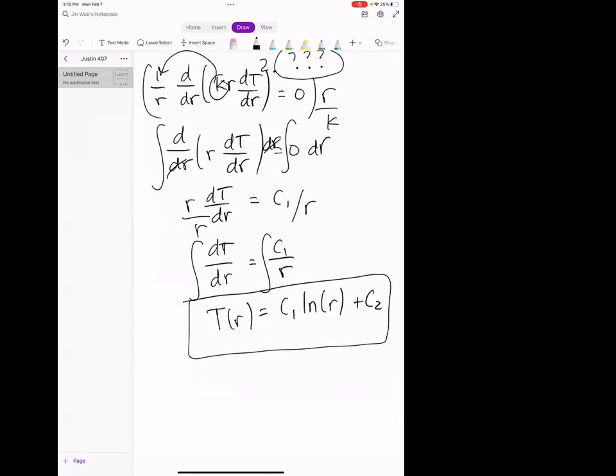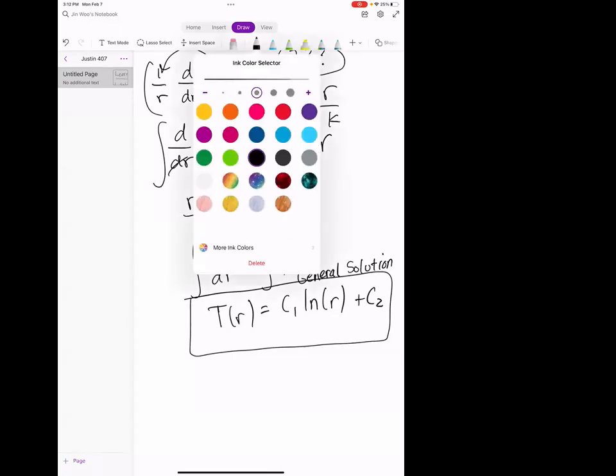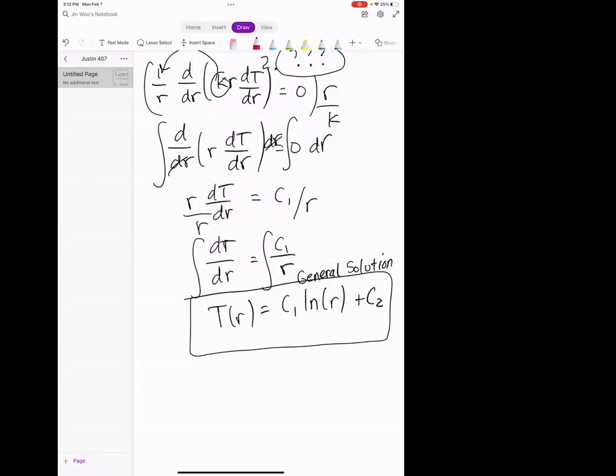Up to this point, it's exactly the same as our previous example, which is why I flew through it. In the end, we get the same general solution, C1 ln of r plus C2. So we're faced with the exact same task as our last example: we have to solve for C1 and C2 using our boundary conditions.